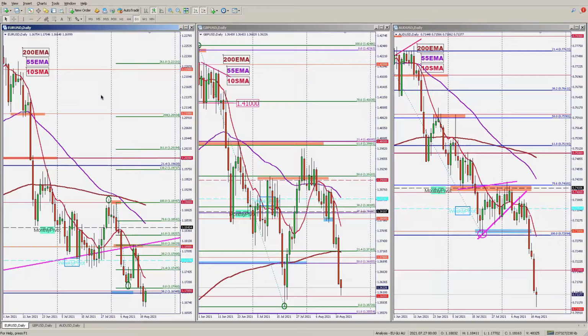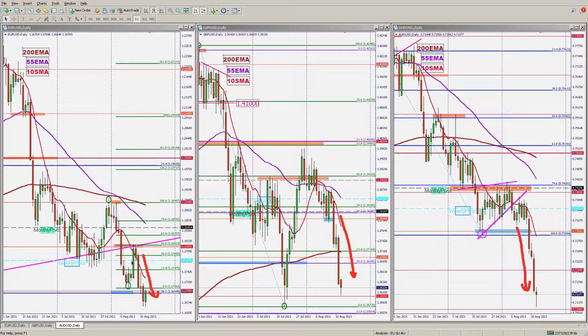And this is the weekly technical analysis for the Euro, the cable, and the Aussie dollar for the fourth week of August. Let's begin with the Euro, and actually, if you see across all these three major pairs, they have moved significantly downwards, especially the Aussie dollar against the US dollar.